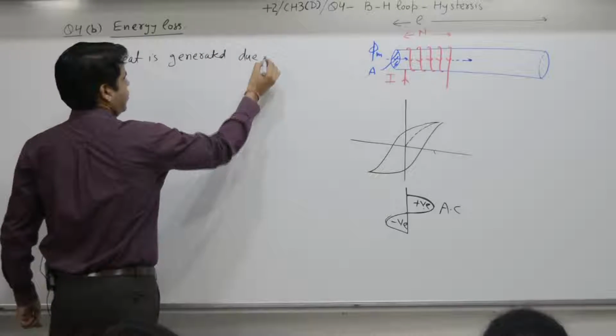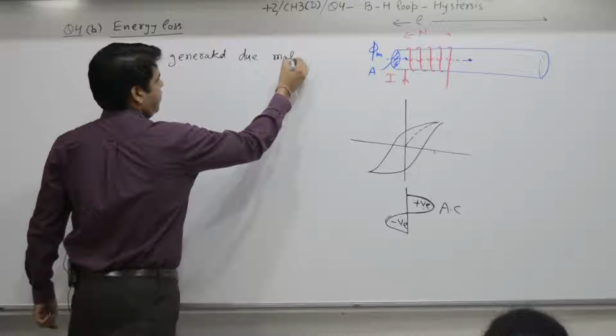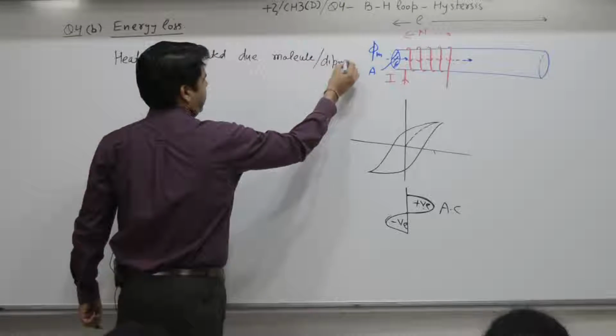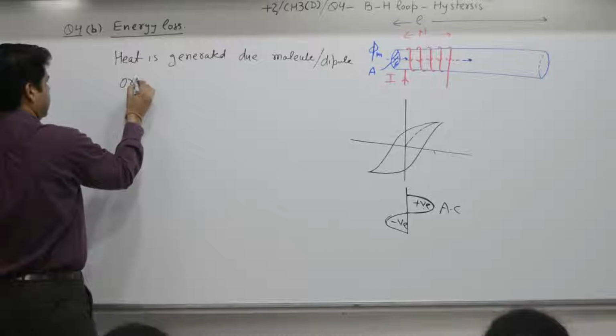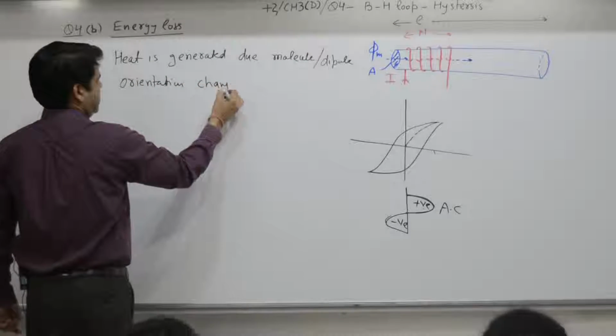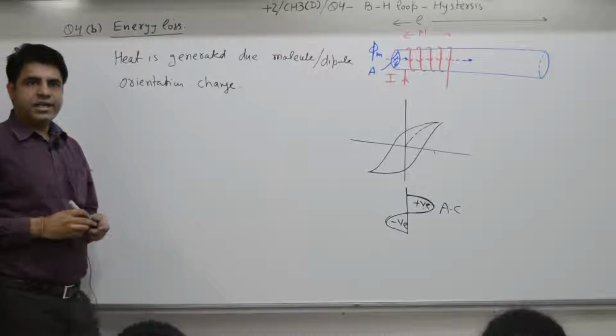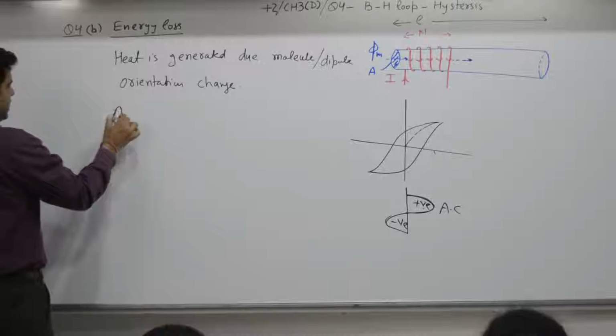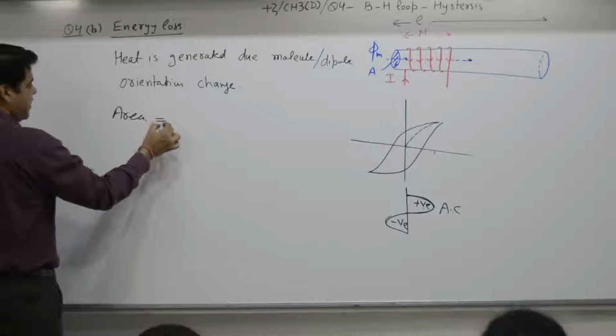So heat is generated due to molecule or dipole orientation change number of times in 1 second. And this area, let us see what this area is equal to. Area of the graph.